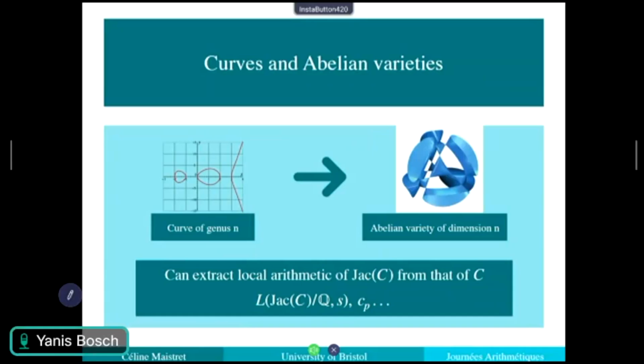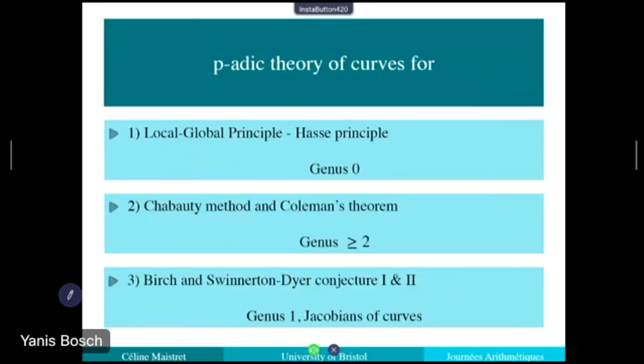It's the same for the Tamagawa numbers, and it's the same for quite a few arithmetic invariants as well. So it's really why I'm trying to understand the p-adic theory of curves, because it also gives me information on local and then global arithmetic of Jacobians when I use the bridges I presented.